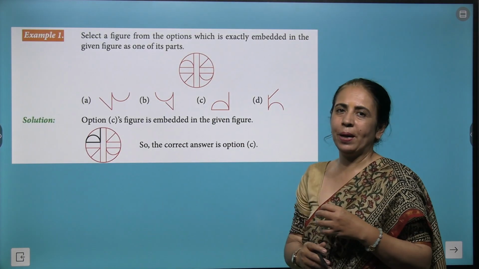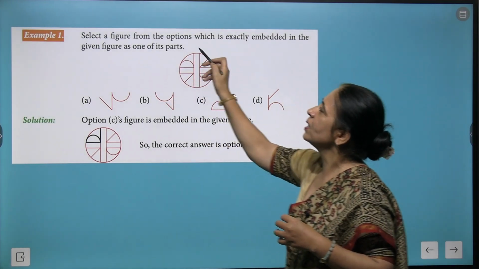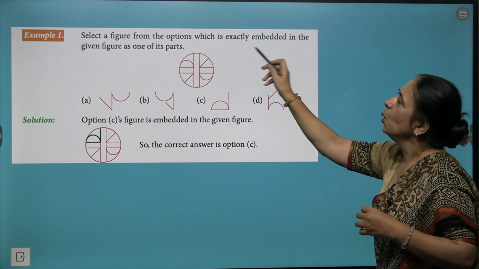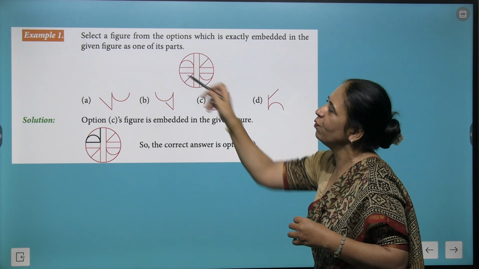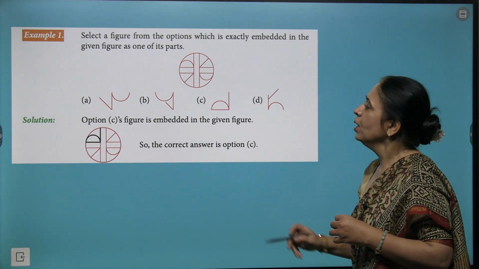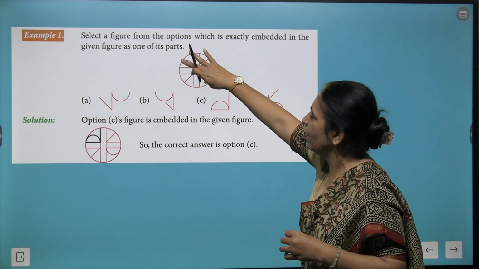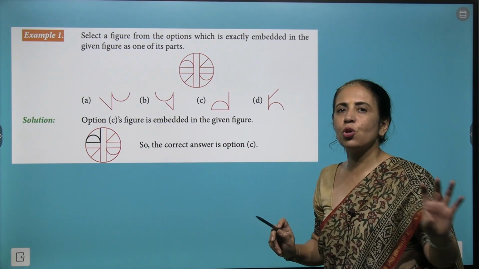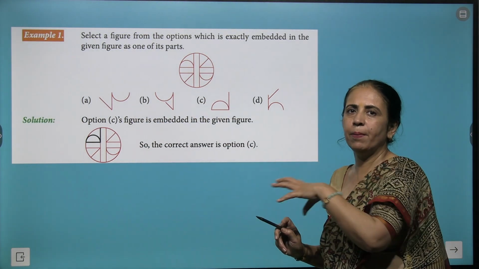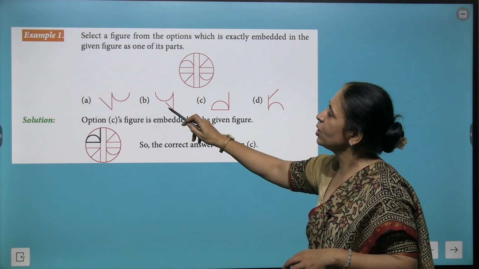Let's see this one. So here you have to select a figure from the options which is exactly embedded in this given figure as one of its parts. So when you look very carefully, we try to put the first figure and it's not able to fit inside the main figure. Let's take another partial part.